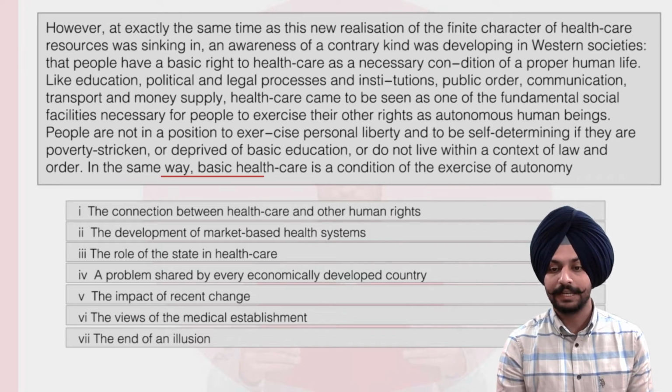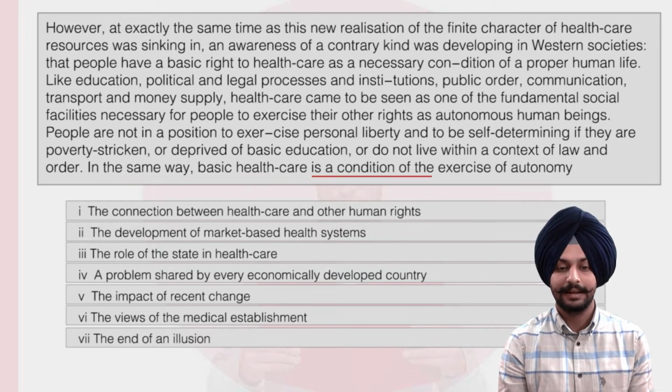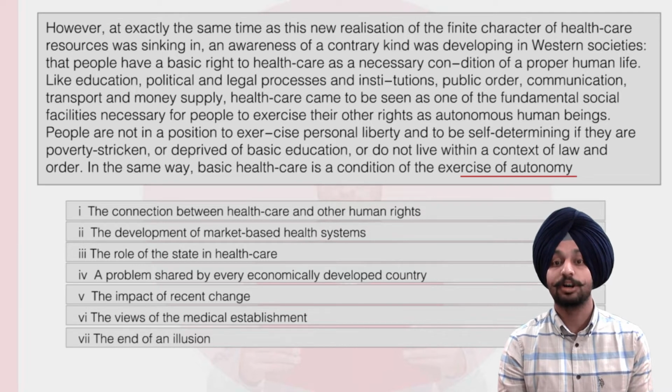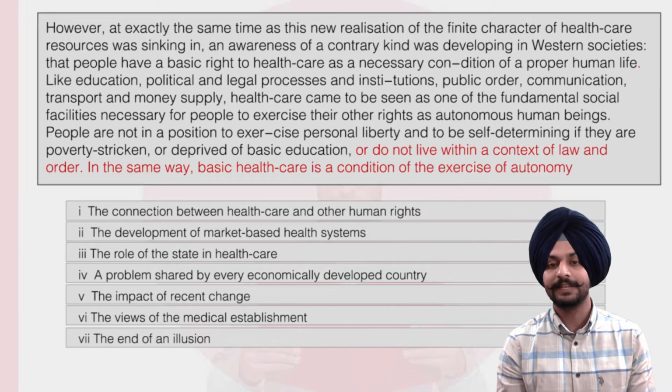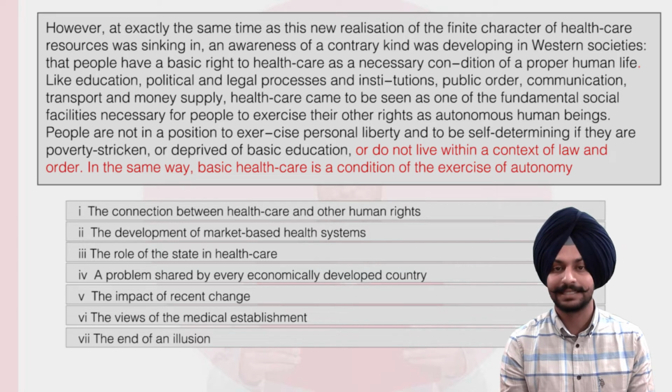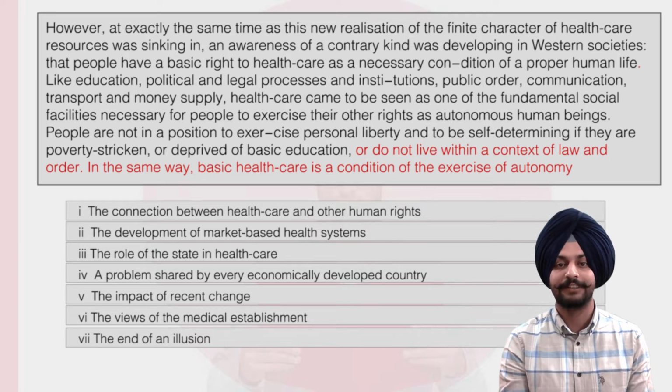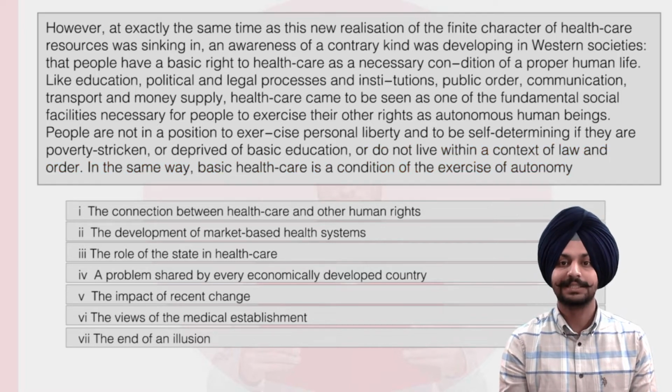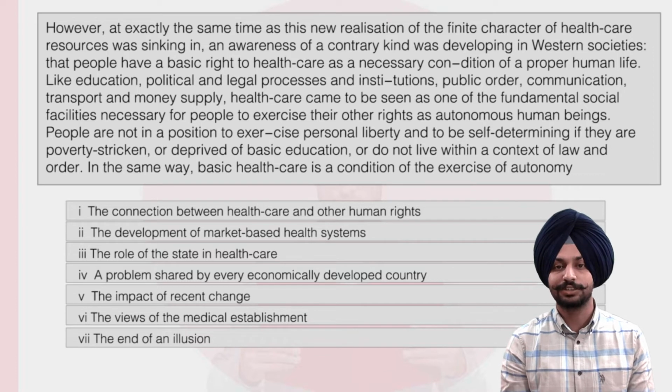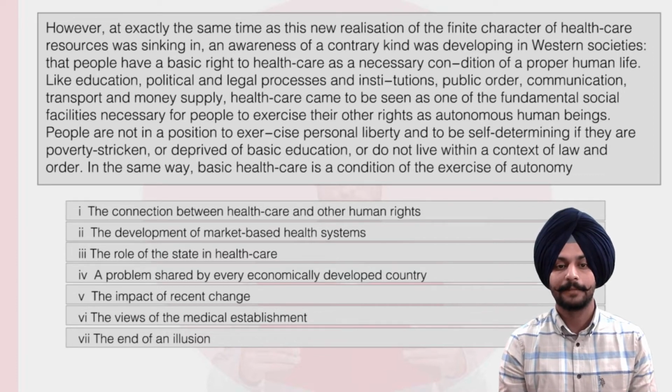In the same way, basic health care is a condition of exercise of autonomy. In the same way, the basic healthcare system is also necessary for everyone's freedom and for the choices they are free to make. So this is the whole crux of the paragraph which we have read. So let's move to the headings now.